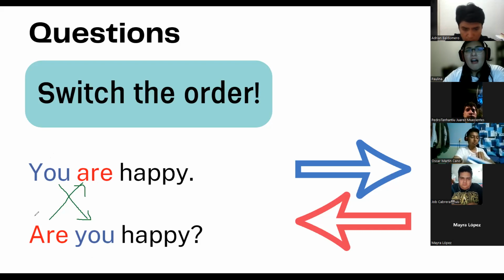Are they. Are we. Y así para todo. Nada más es cambiar el orden. Does that answer your question, Adrián? Yes? Okay, fantastic. Now, let's practice with the rest of the pronouns.